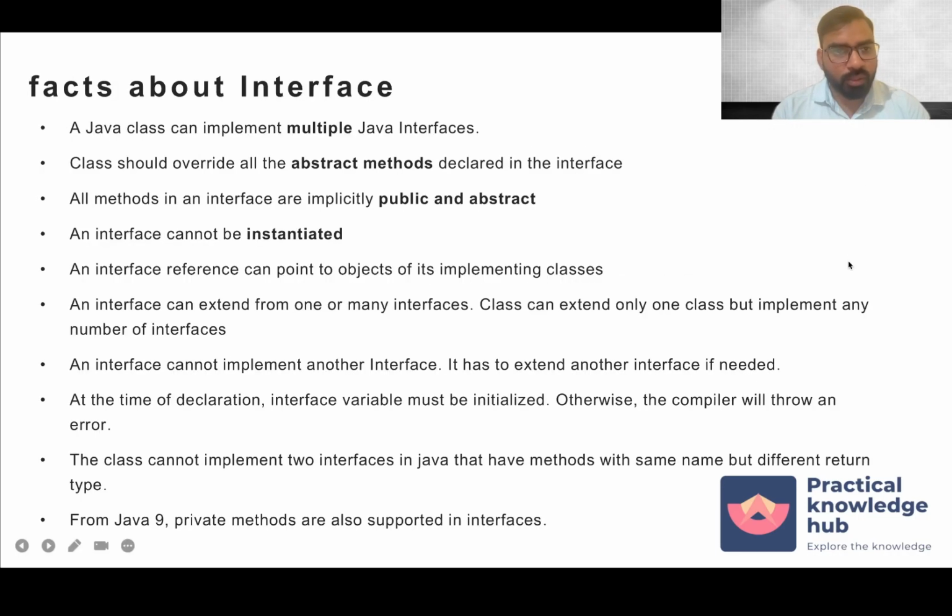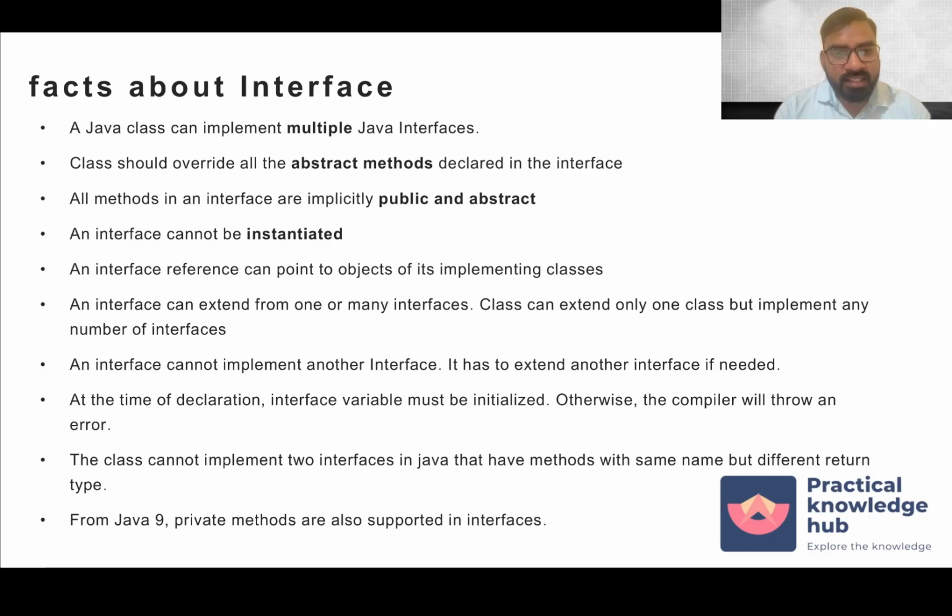Let's talk about some facts about interfaces. A Java class can implement multiple Java interfaces. That means a class can implement more than one interface, and whichever class is implementing that interface should override all the abstract methods declared in the interface. By default, the methods available in an interface are public and abstract.